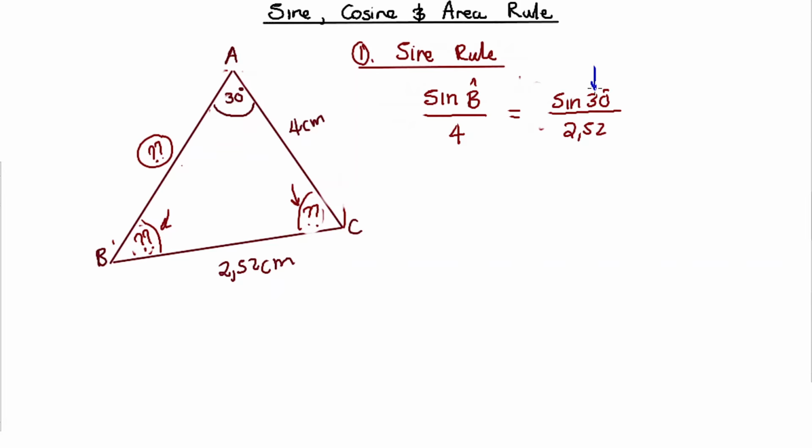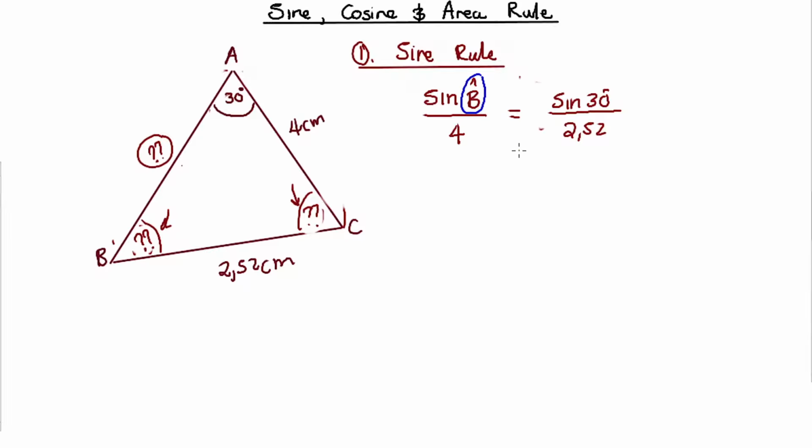So what you need to do is take the sine of an angle and divide it by its opposite side. You want to take ratios where only one is unknown.